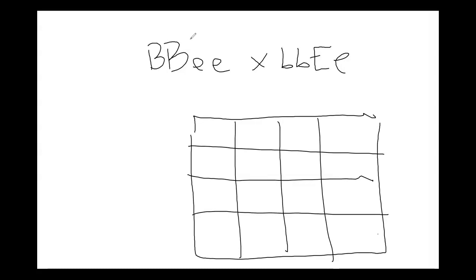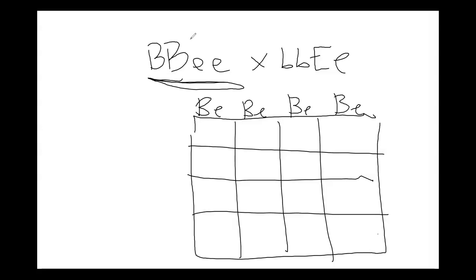Now we need to figure out, kind of like we did before, what are the possible combinations of B's and E's for the dad rabbit? Are there any little b's? Nope. Are there any big E's? Nope. The only possible combination for him is big E, little e. So I'm just going to go ahead and put that on top.